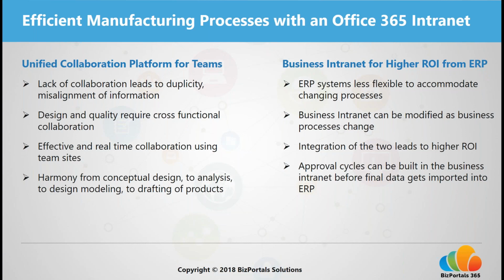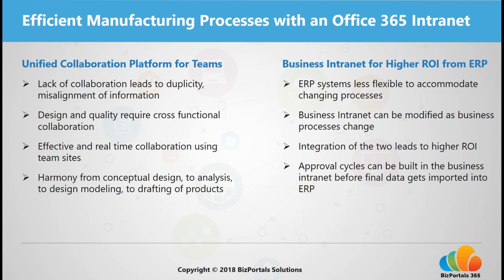And that leads to harmony from conceptual design to analysis to modeling to drafting of products. All of these functions that are part of any manufacturing process, you really want people to collaborate in one single platform, co-author documents. So you could set up your online meetings and then use the Office 365 intranet to collaborate on these things.